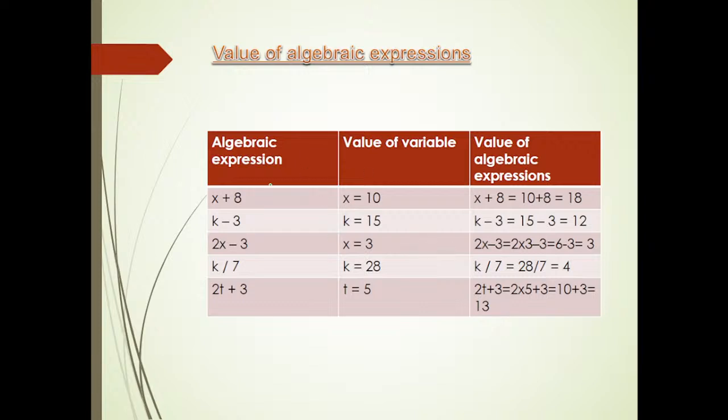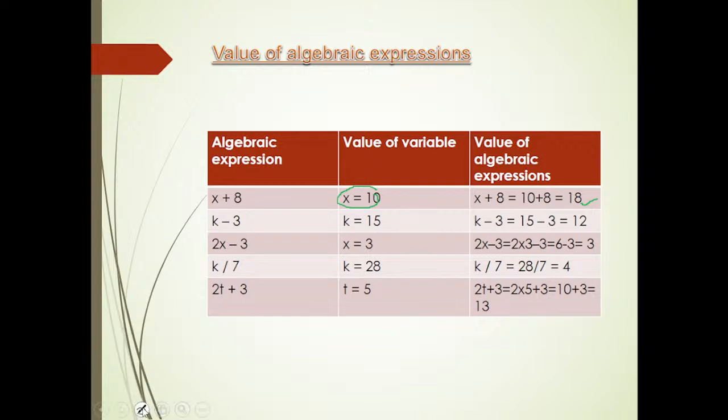See, an algebraic expression is there and we can also check for the values it satisfies. X plus 8 they given as the algebraic expression, and if suppose x is 10, you need to place the 10 instead of x. So x plus 8 will be 10 plus 8, that is equal to 18.